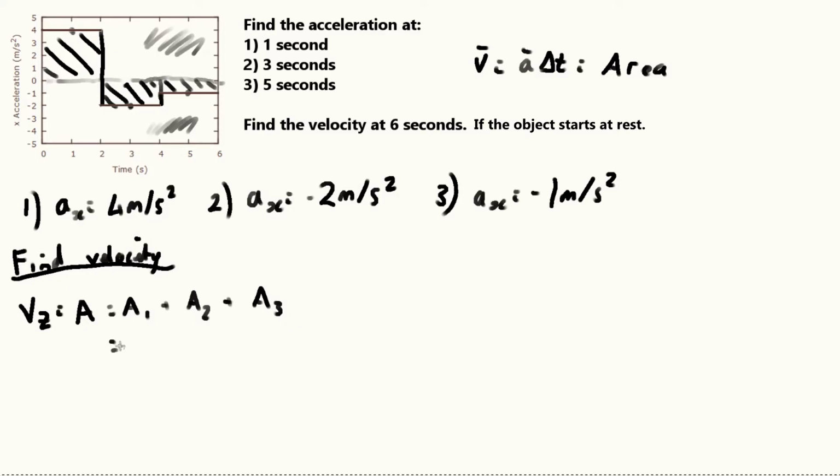Now these are just squares, which makes it very easy to calculate the area. Area 1, we do the base times the height. The base is 2 seconds, and the height is 4 meters per second squared. 2 times 4, very easy. Next, we add area 2, which once again has a base of 2 seconds. You see between 2 and 4 seconds as such.